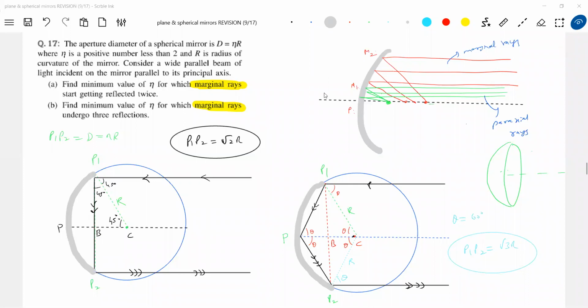Once again, repeat. P1 P C and C P P2. Okay, how are these two angles equal, sir?